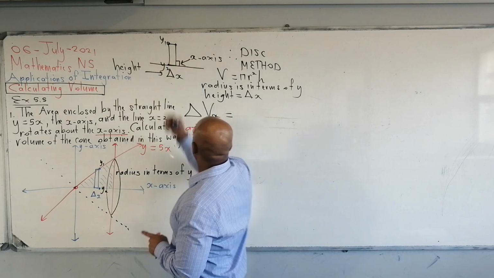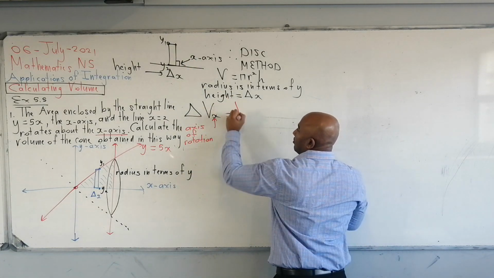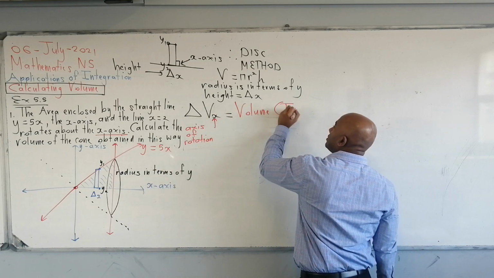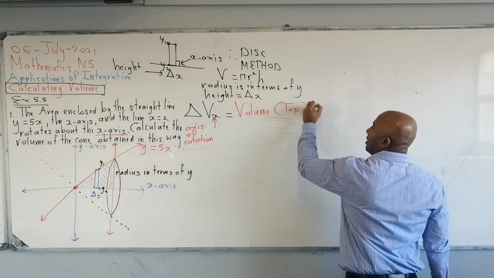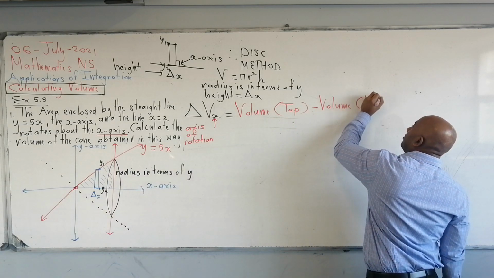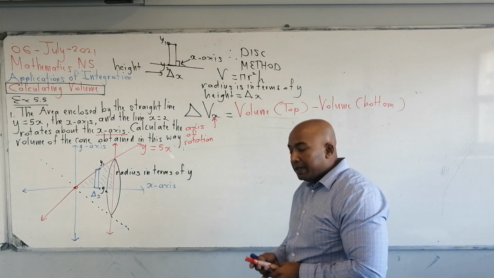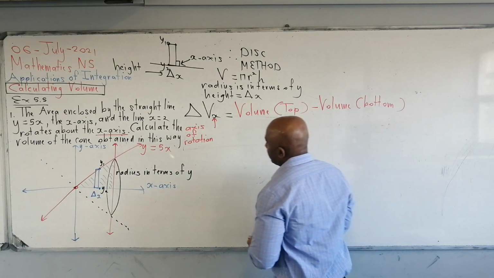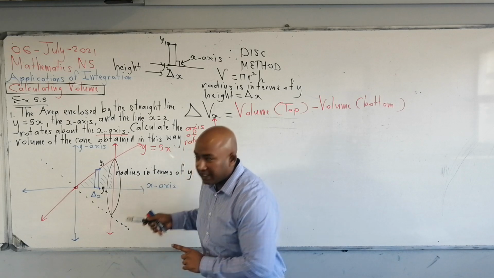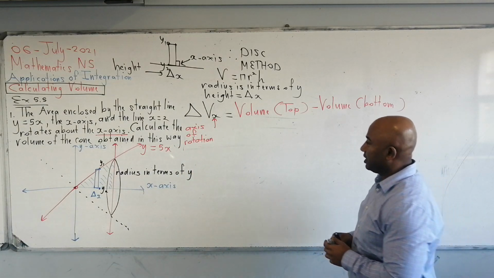So the formula is going to be volume of the top graph minus volume of the bottom graph. Even though there is no bottom graph, we're taking the bottom graph as the x-axis to create a general situation for the disk method.